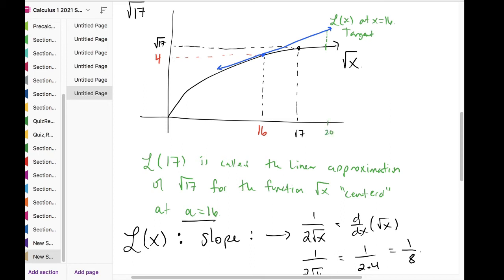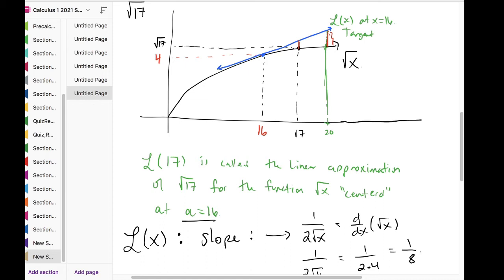Do you see that? This is the actual value, and this is the error, which is more than it is at 17.